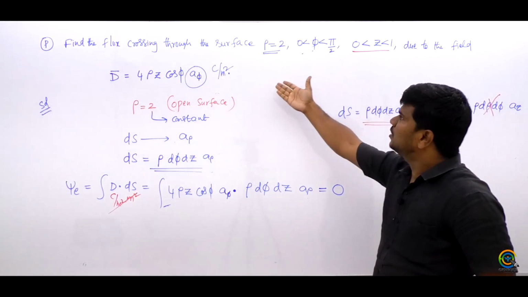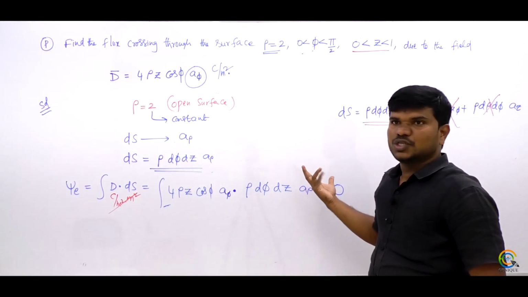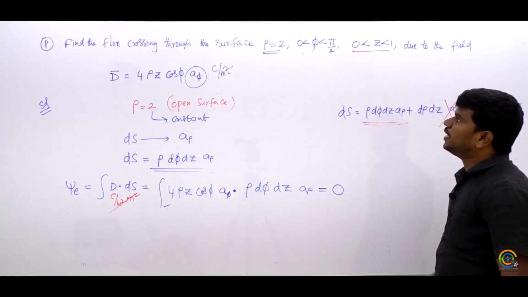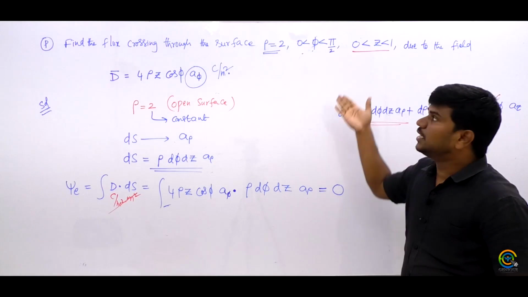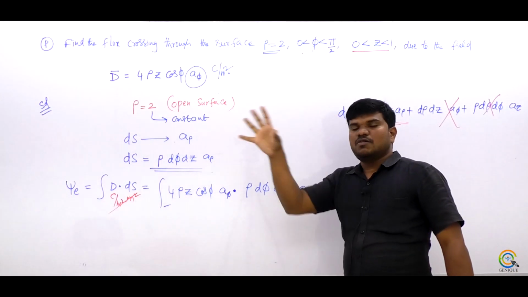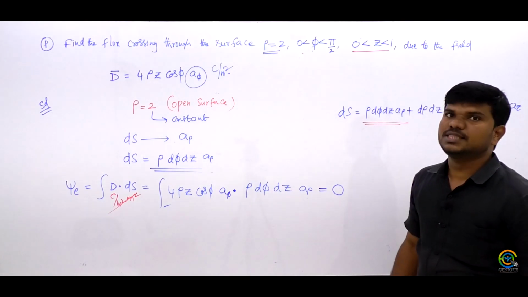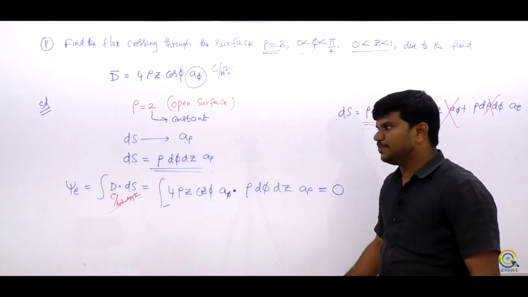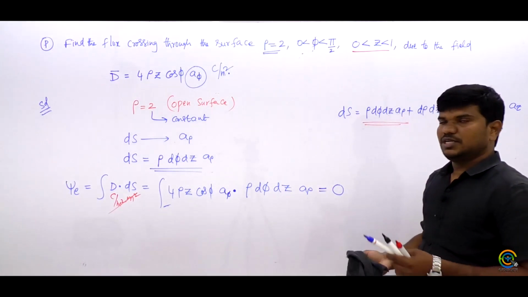So you have to observe which constant surface is given. First of all, specify the surface area in that direction, and you have to put the other limits also in the given integral.